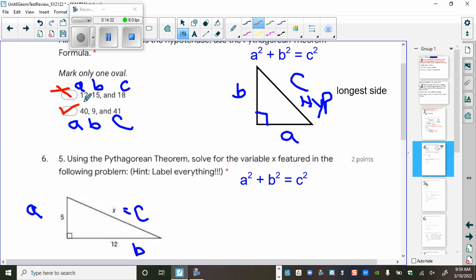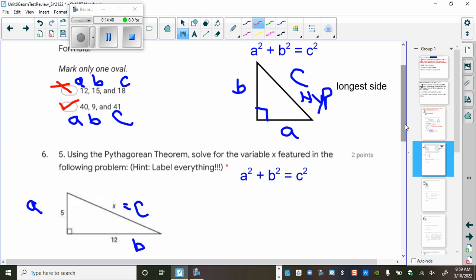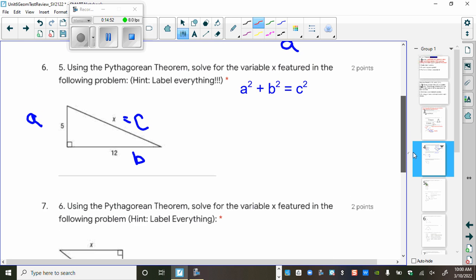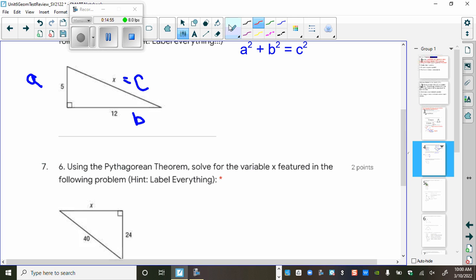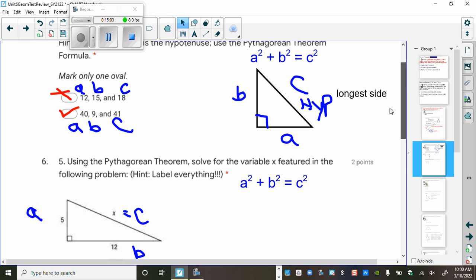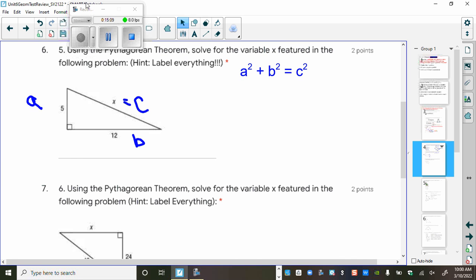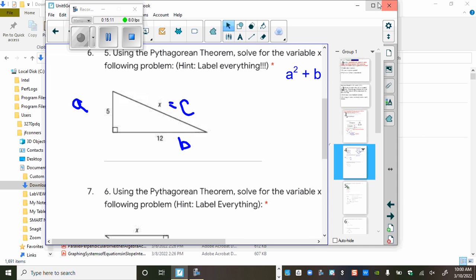So basically, this whole page is just Pythagorean theorem. Basically, here for 5 and 6, rather than giving all three sides, you have to find that missing side.